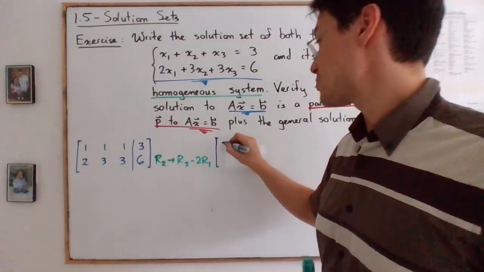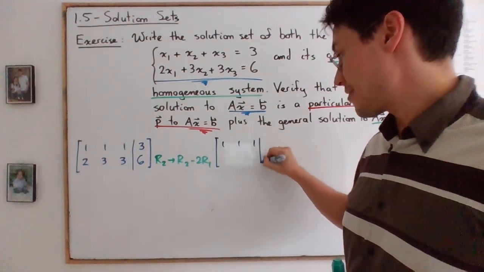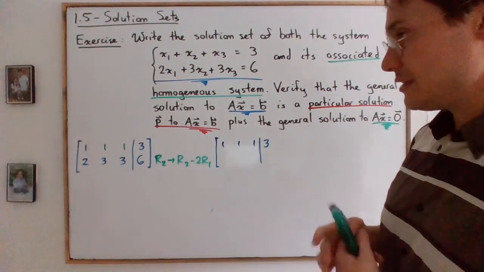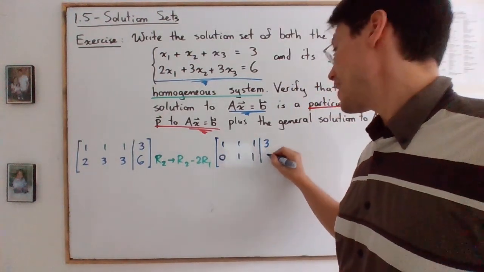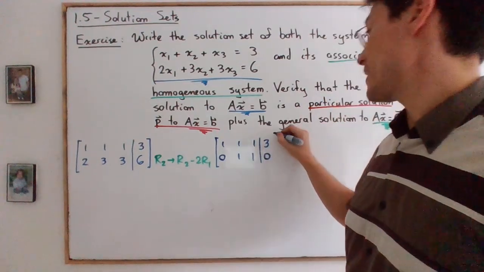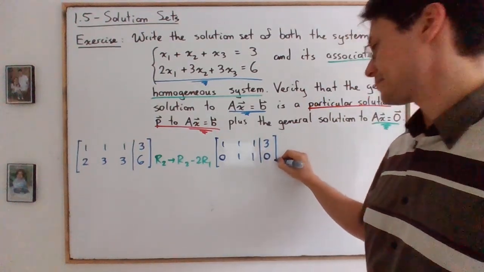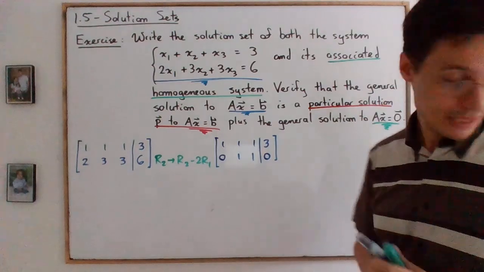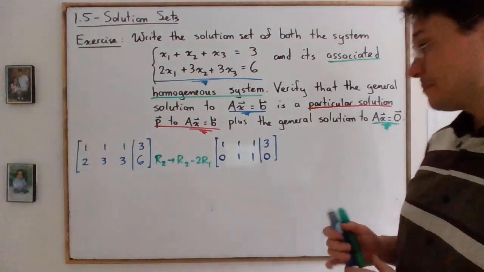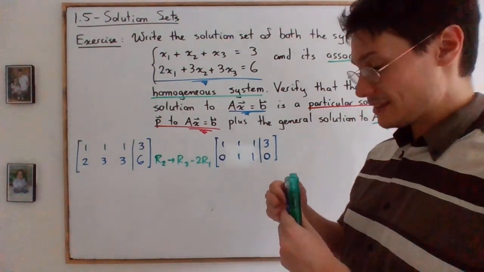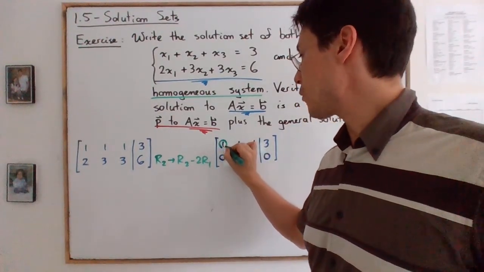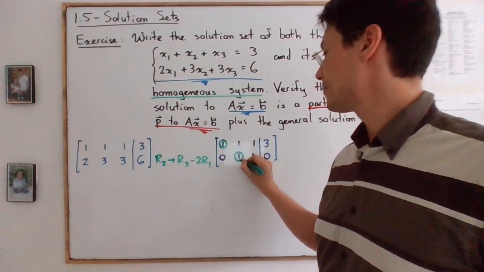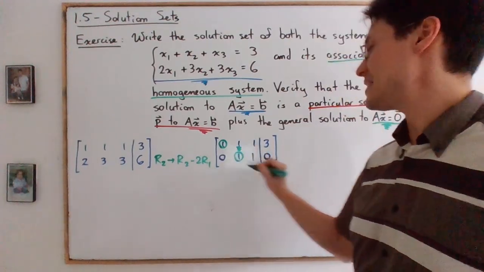And the matrix will become 1, 1, 1, 3, and then 0, 1, 1, and 0. So that's what we get here. And then don't forget, in this case it's in row echelon form, and our pivots are here, which means we have to eliminate this one.